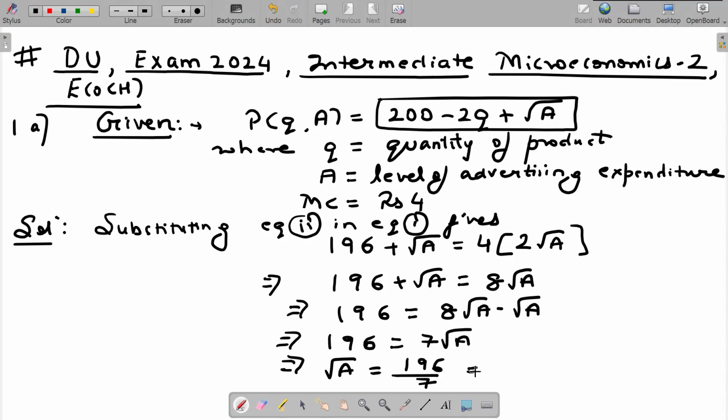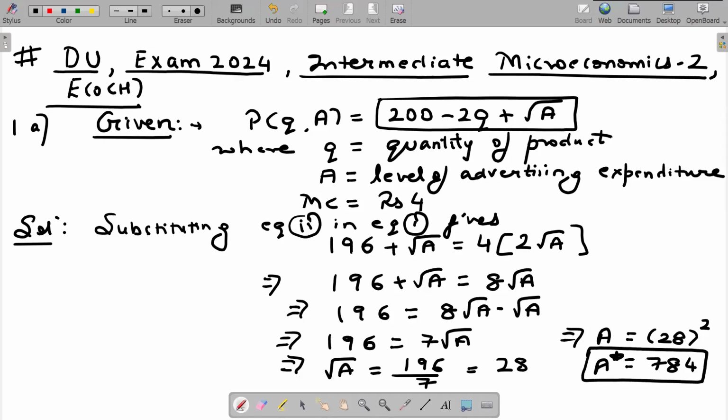It comes out as 28. So this implies, what is my A? 28 square, which is 784. The optimum A star has come out as 784.